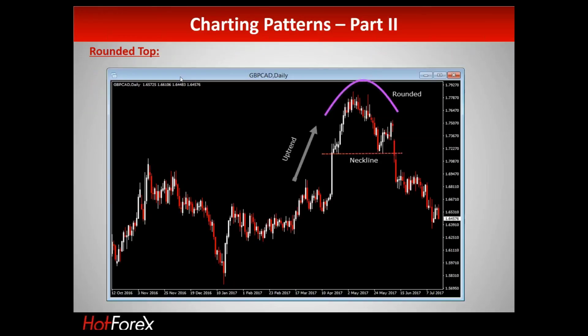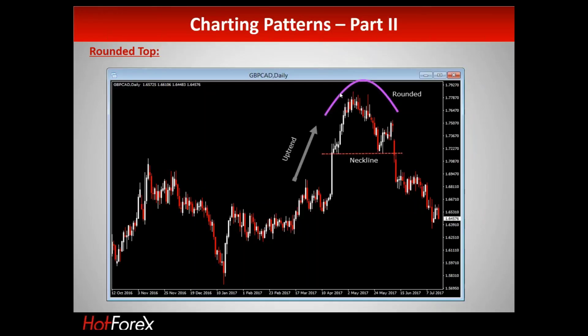So let's go to the examples, they are more helpful. For the rounded top, I was in an uptrend, as you can see clearly in the pound cable daily chart. The bulls in this asset were pushing higher and higher, with many consecutive bullish candles.